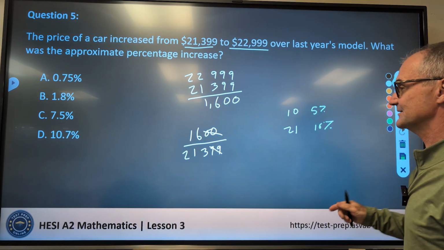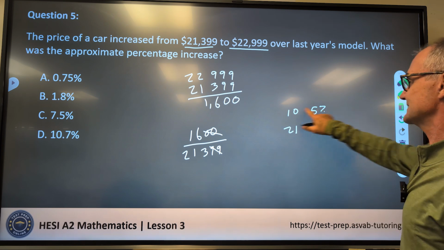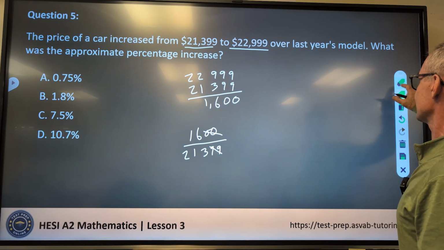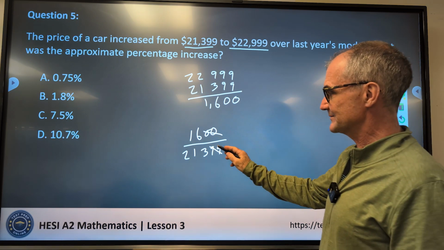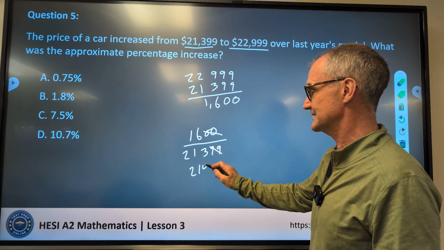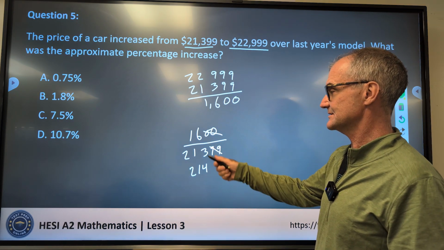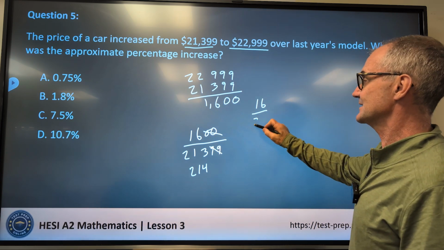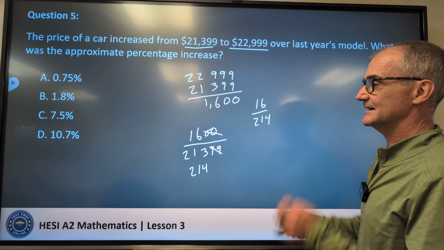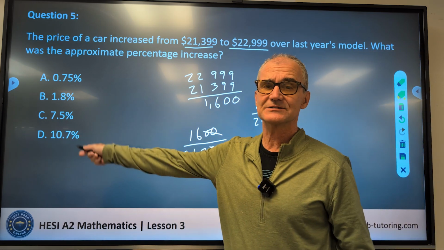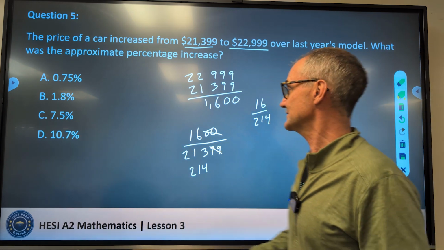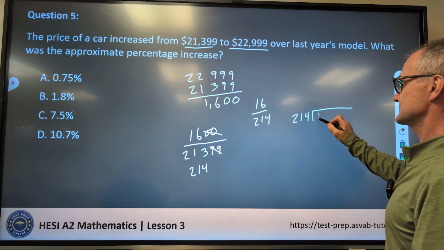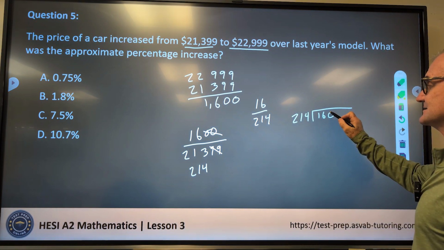I know I went through that pretty quickly, but it's a non-calculator test. So let's do it another way, also kind of quick. I am just going to round this up to 214. So I'm going to move those two zeros and drop them off. So I got 16 divided by 214. And I don't have to be accurate because my answers are of so much difference between them. That fraction falls over. 214 goes into 16. It doesn't, so I add a 0.